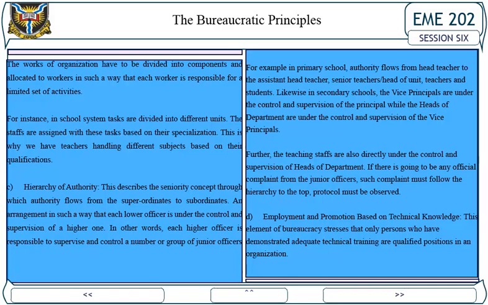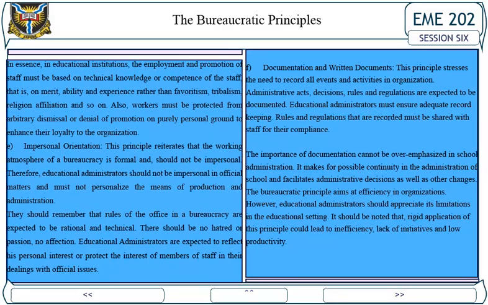Emphasis is placed on formally established system of rules and regulations which govern official decisions and actions. Rules and regulations constitute standards against which performance is measured.